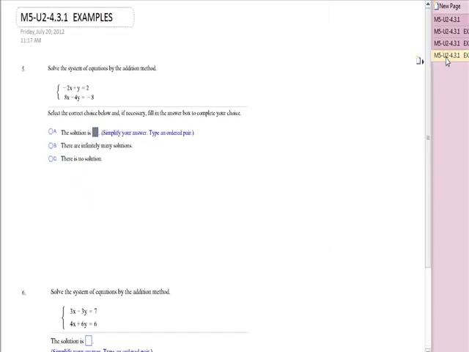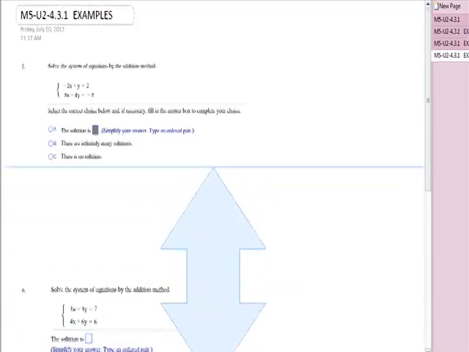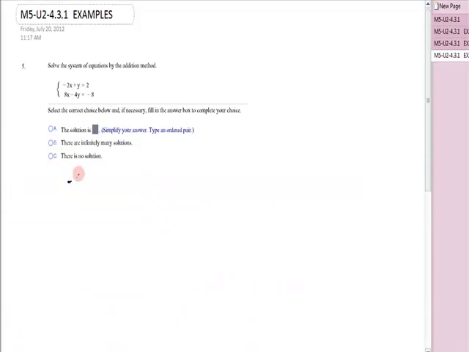All right, let's look at just a few more. I have -2x plus y is equal to 2, and I have 8x minus 4y is equal to -8. This system is not ready for addition, but I can pick what I'm going to multiply by to make it become ready.